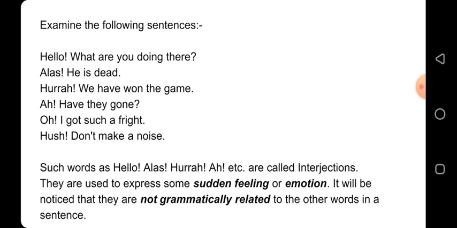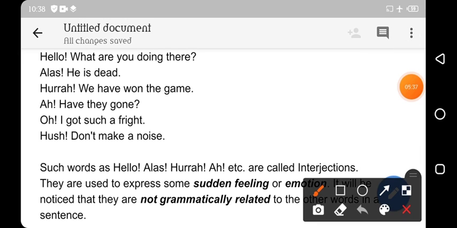All right. And you can see that, as I have mentioned, these are not grammatically related with the rest of the sentence, because for example, if we remove this word, have they gone, still it makes a sentence. It's a complete sentence.